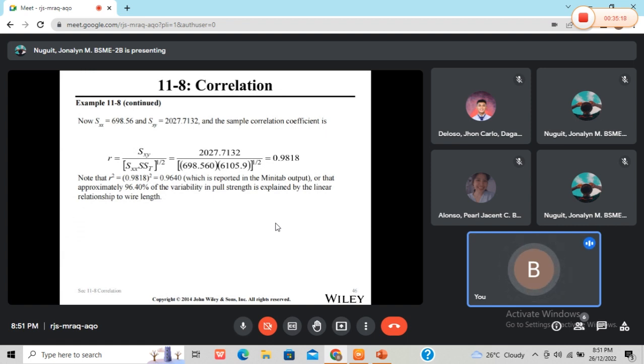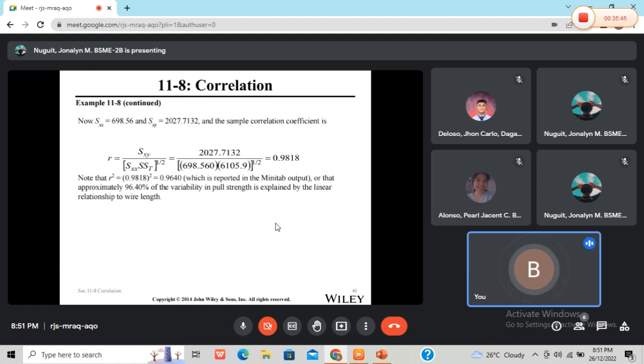Then we're going to compute it. Our value of R is equal to 2227.7132 over the square root of 698.560 times 6105.9, to the power of 1 half, so we have 0.9818.